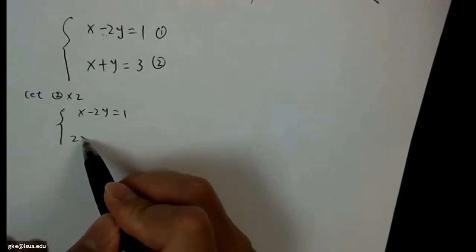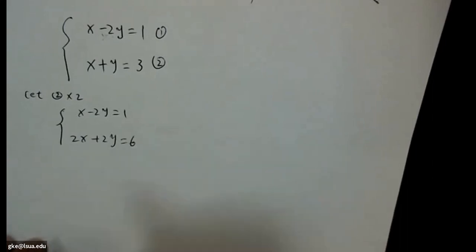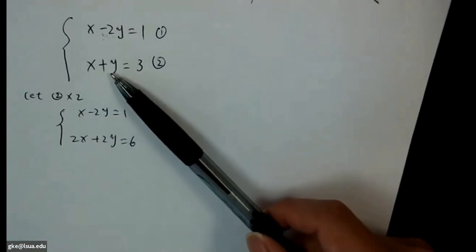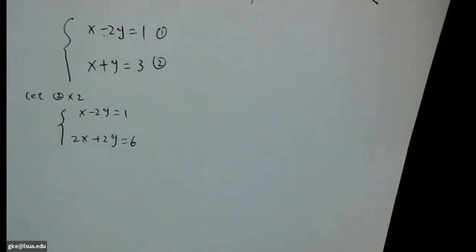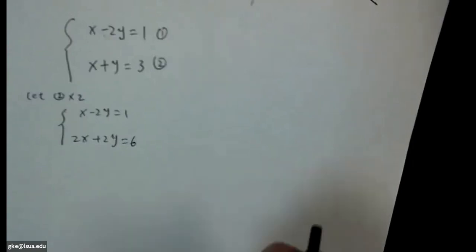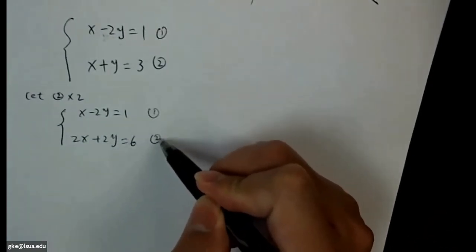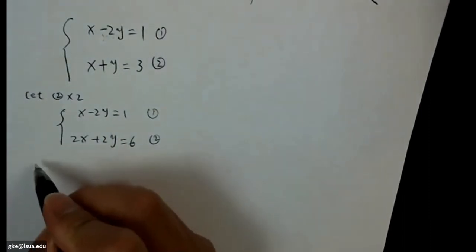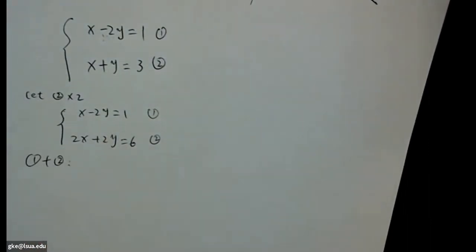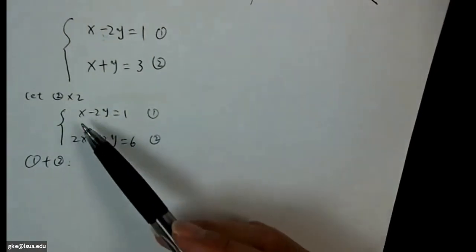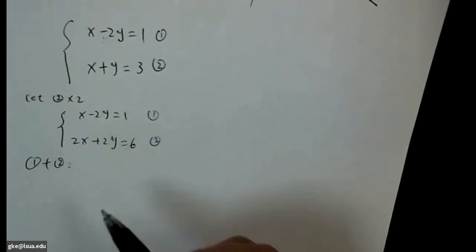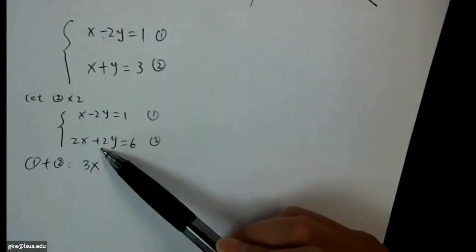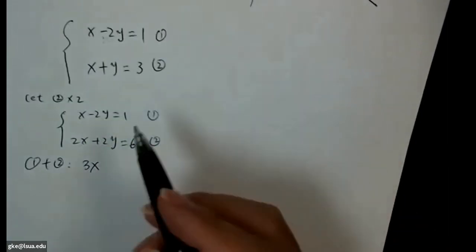We get 2x plus 2y equals 6, right? And then we can do the addition. So x plus 2x is going to be 3x. -2y plus 2y cancel out. That's what we want.